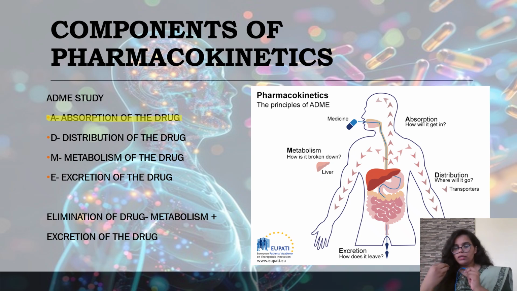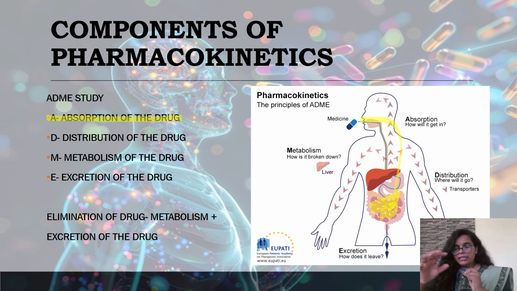Once we consume the drug orally, it passes through the GIT into our small intestine. There it crosses the cellular barriers, and when it crosses the cellular barriers, this is known as the absorption of the drug. Why? Because it's crossing the cellular barrier and going into the cells.